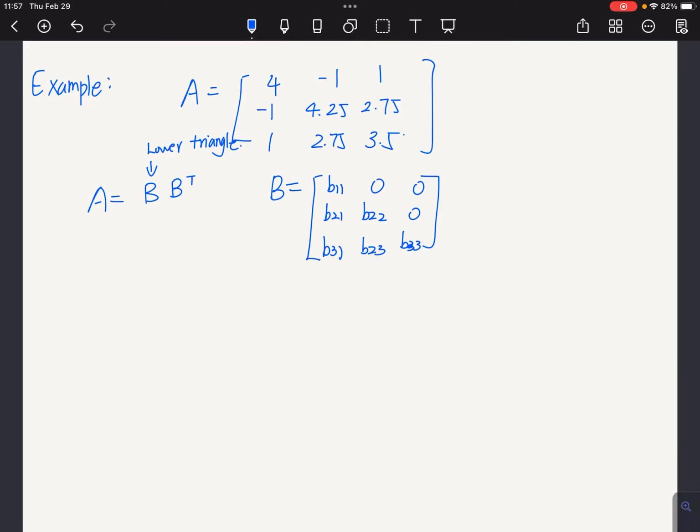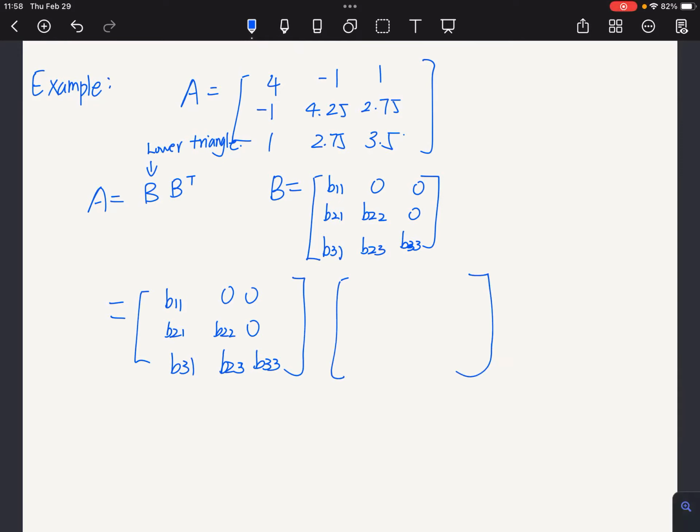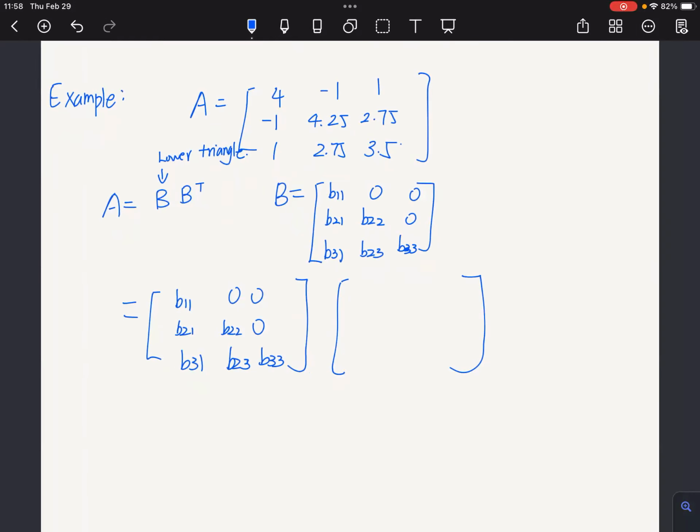So now let's see what happens. If I do the multiplication here, I would have B11 0 0, B21 B22 0, and B31 B32 B33, and I multiply the B by its transpose, right? The transpose should be B11 B21 B31, then 0 B22 B32, and then 0 0 B33.